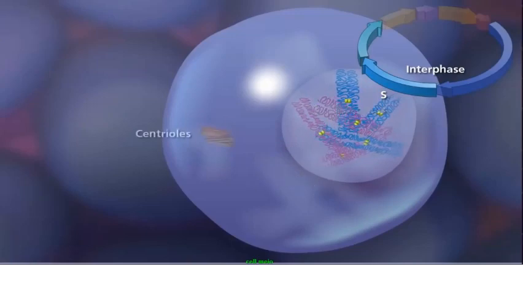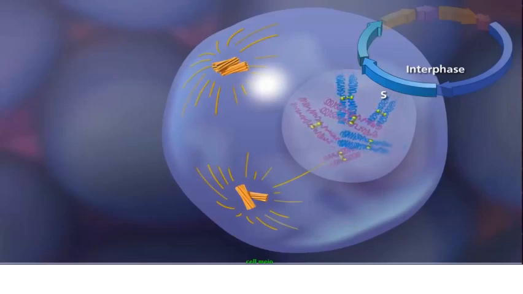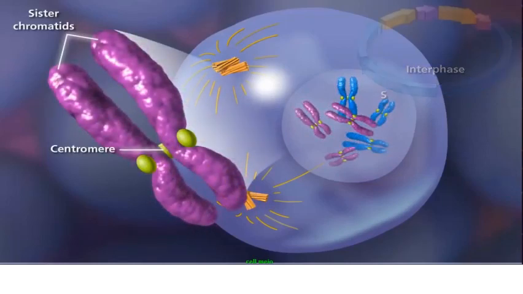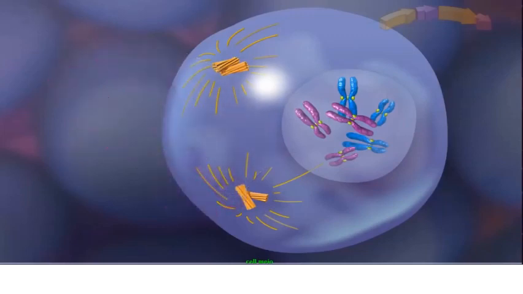The paired centrioles in the cytoplasm duplicate and begin extending microtubules that will form the meiotic spindle. Sister chromatids remain attached at the centromere and condense as the cell enters Prophase I of meiosis. Up to this point, the cell looks similar to mitosis, but 2 events occur in meiosis that do not occur in mitosis and lead to genetic diversity.